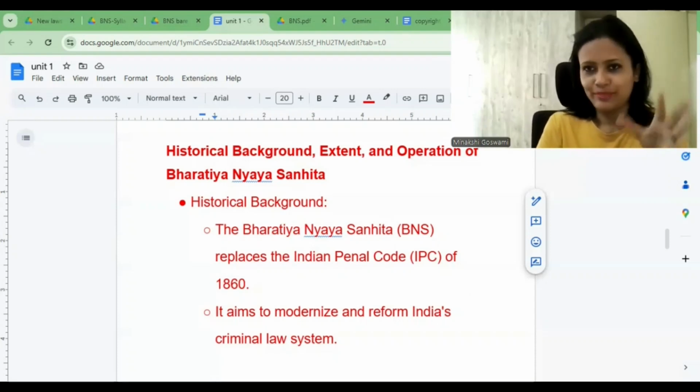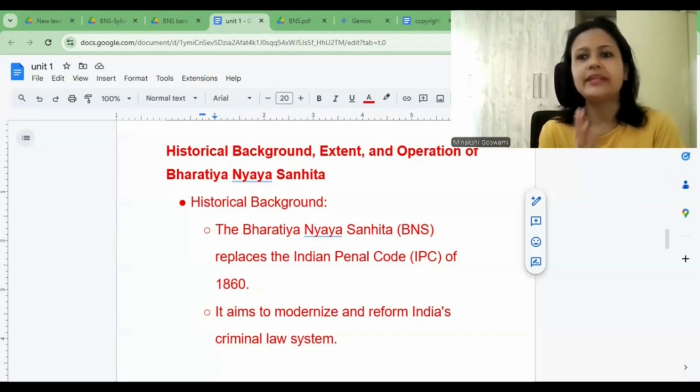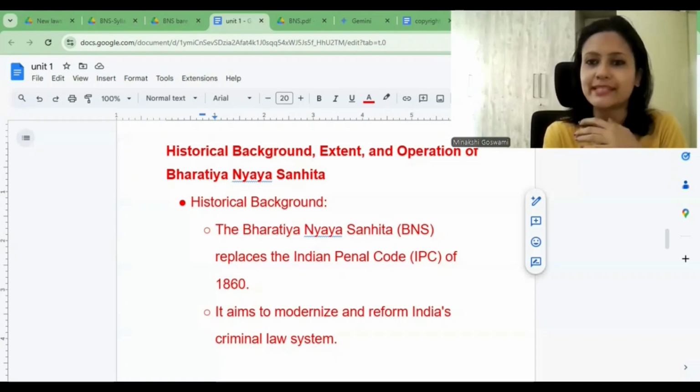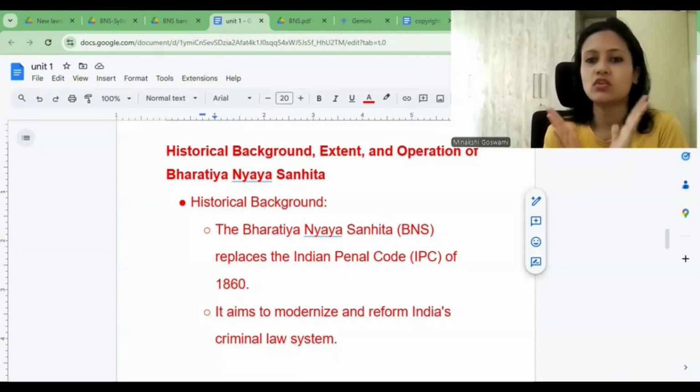When we talk about BNS, it is a very important moment in the evolution of India's legal landscape, because this new legislation received the President's assent on 25th of December 2023. It has replaced IPC.